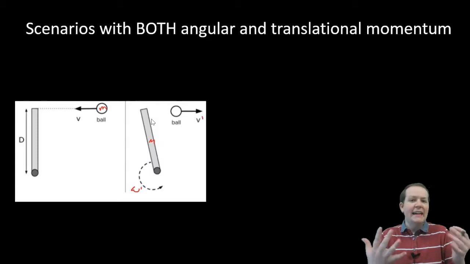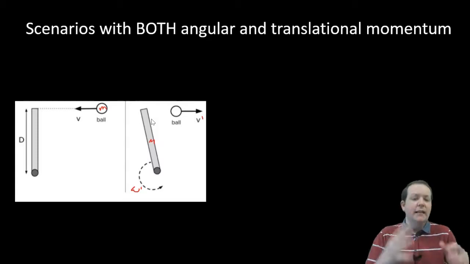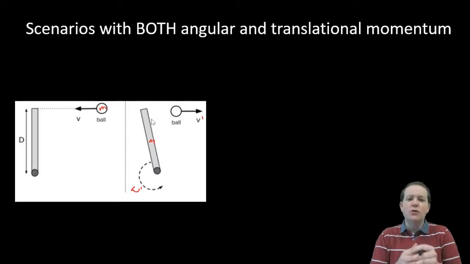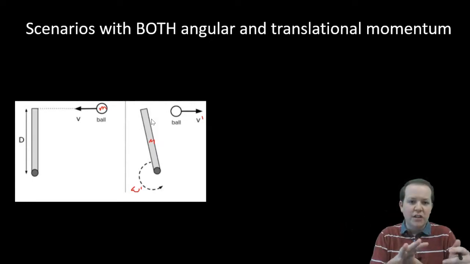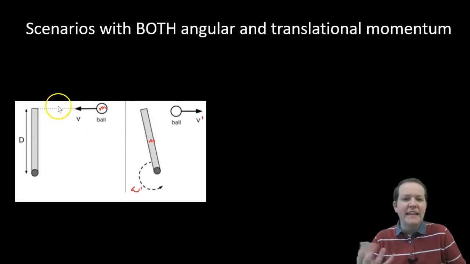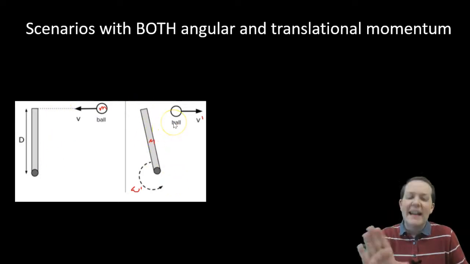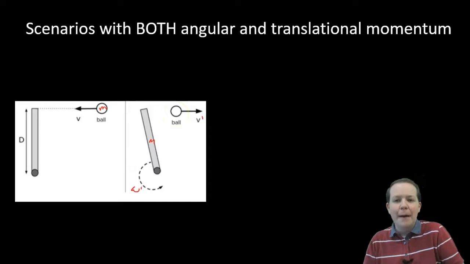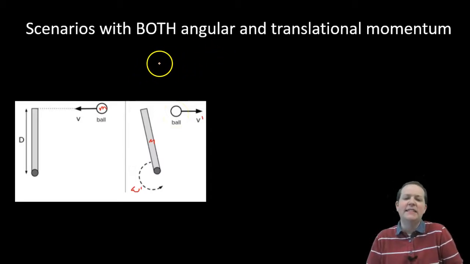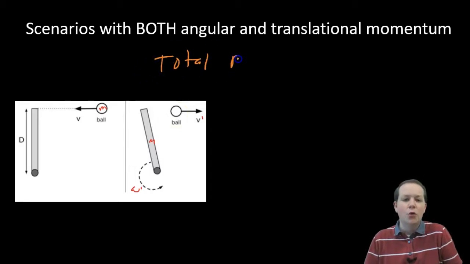We can, of course, analyze those scenarios, but like I said before, we can't mix apples and oranges, okay? I can't combine in a single equation the angular momentum of the door and the translational momentum of that ball. I can't say total momentum is equal to the angular momentum plus the translational.